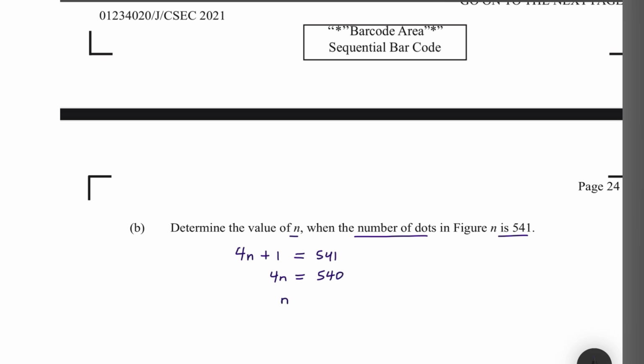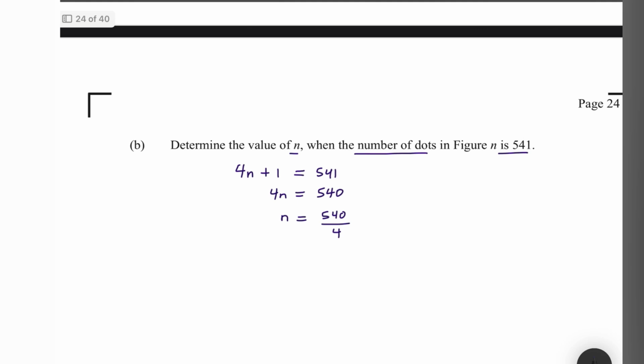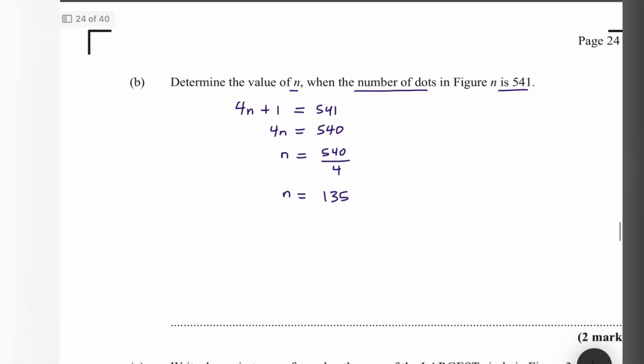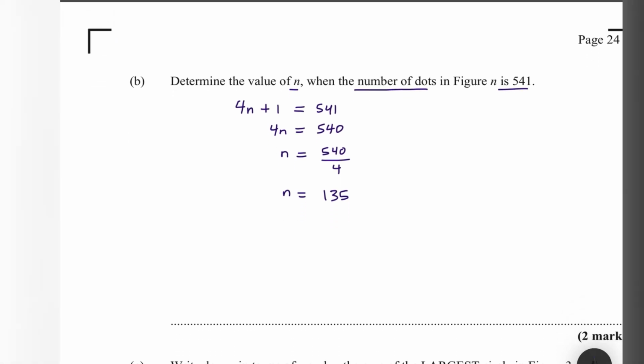And so n will be 540 divided by 4. That would give me my answer. 540 divided by 4. Let's see what that is. 135. So that means that when your figure number is 135, your number of dots will be 541.